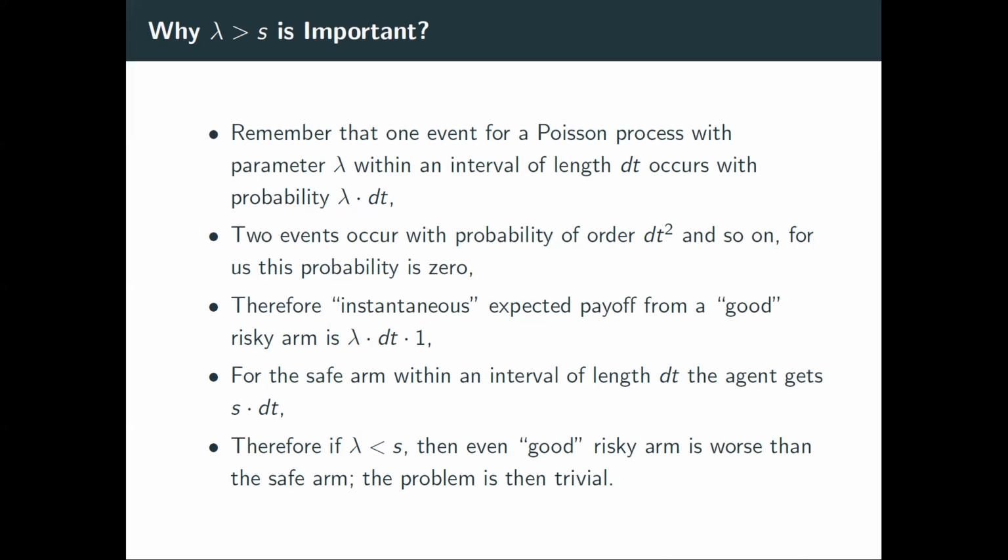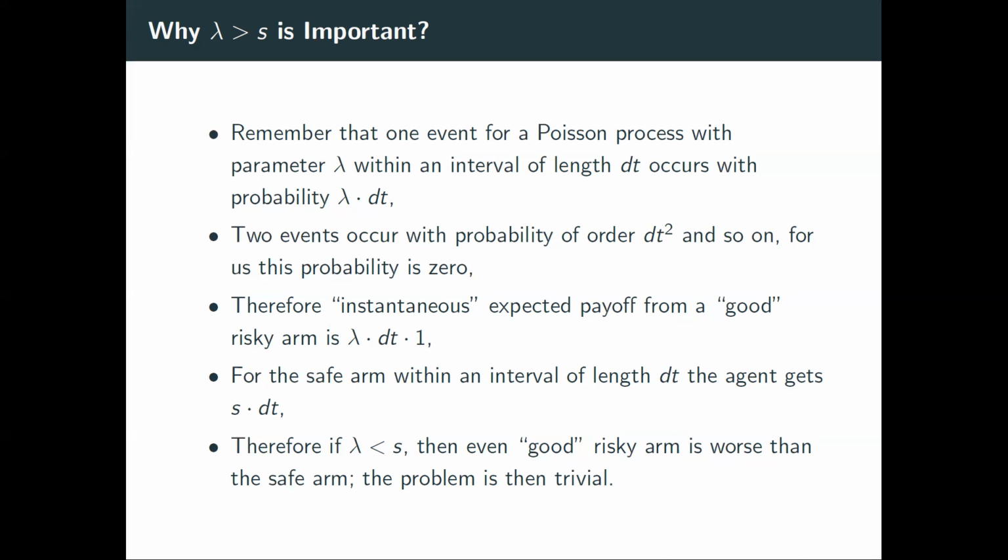For the risky arm, it will be lambda times dt, that is, the probability of an arrival times the value of this arrival, which is 1. That is your expected payoff from using the good risky arm, which will be lambda times dt.